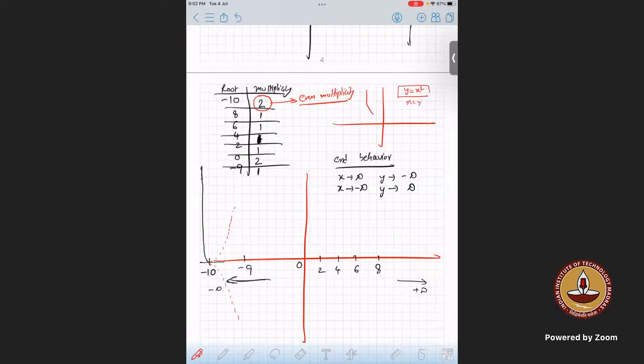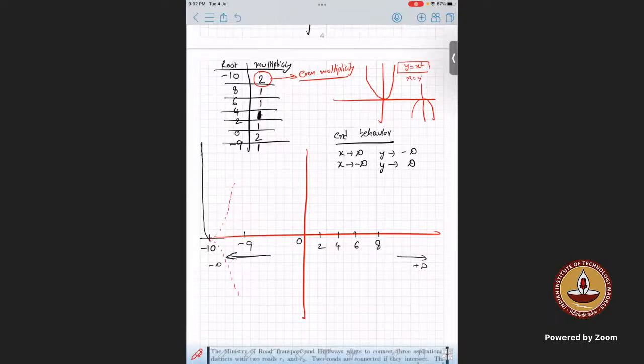You will get a graph like this. Whenever there is a square, it touches and bounces, I mean it goes up again. Or else it will be like this if it is minus x square. Or else it will be like this somewhere. It touches and crosses, I mean it changes direction. Clear?